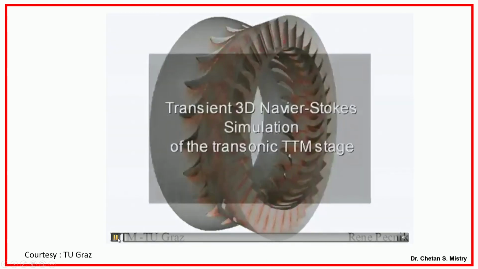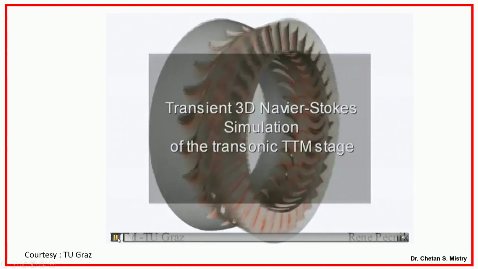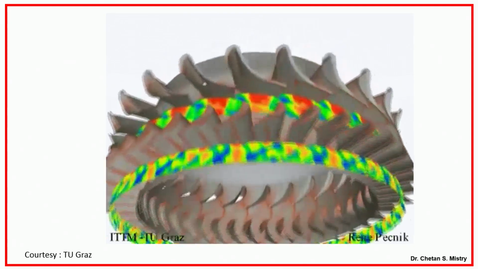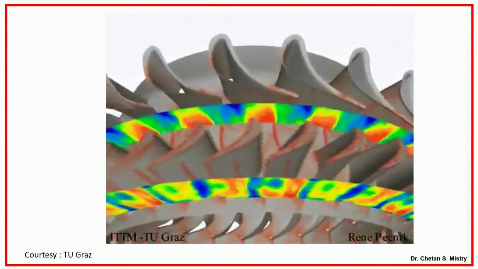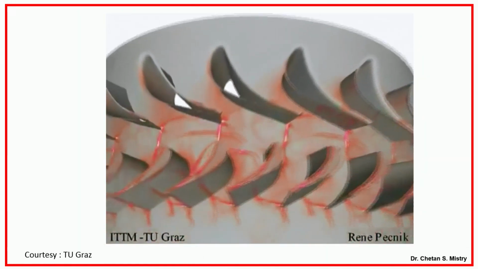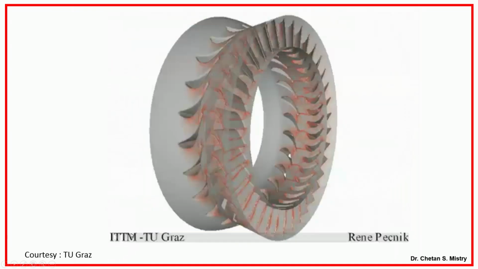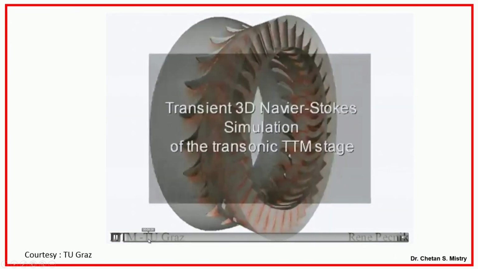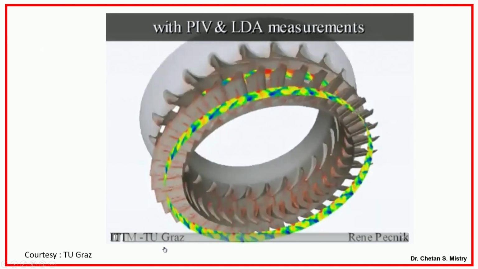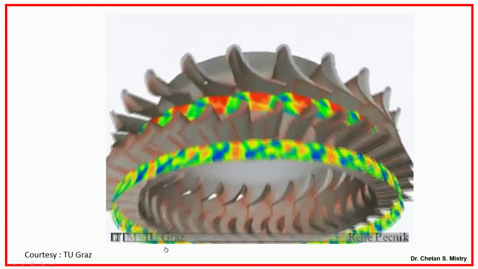This is one of the 3D unsteady analyses that has been reported by TU Graz. Here is their PIV image, which shows the gradient. Just have a look carefully, this is their PIV and LDV data.